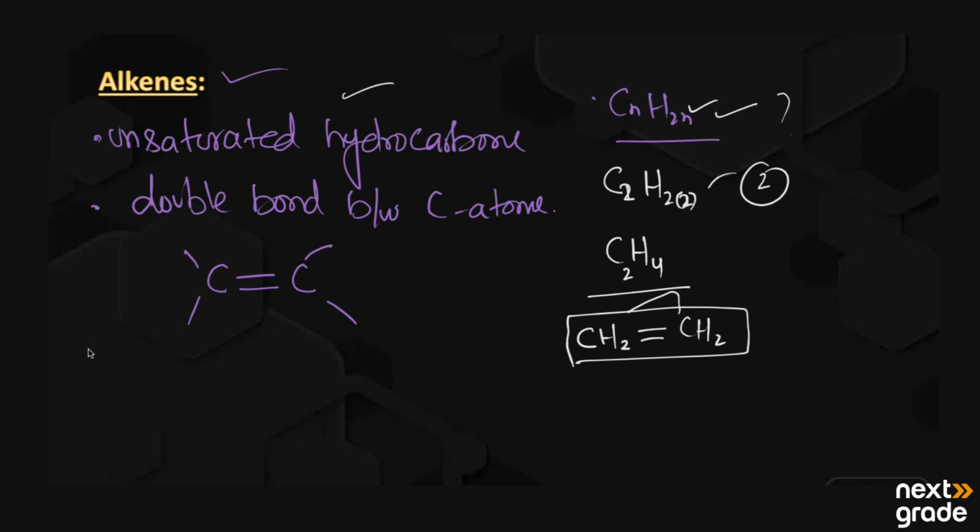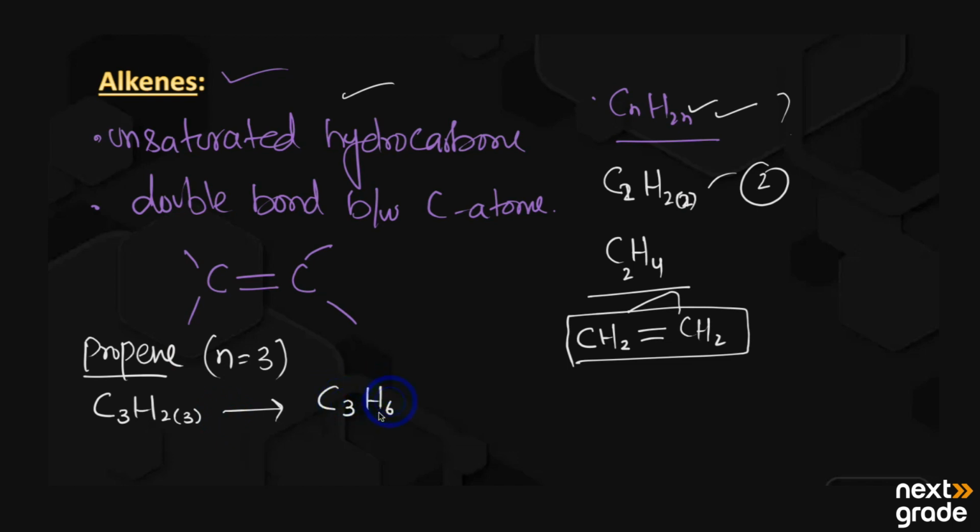Next, we have another example, propene. For propene, N is equal to 3. Putting the number 3 in N, we get C3, H 2 into 3, so the molecular formula is C3H6. We have 3 carbon atoms, and two carbon atoms will have a double bond. Next, we need to complete the valency. This carbon has 1, 2 and 3 bonds, so it has just one hydrogen.